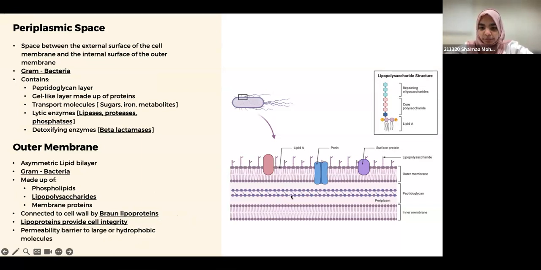The outer membrane, since it's the outermost, is going to be the permeability barrier, and it helps select what goes in, whether hydrophobic or hydrophilic, large or small molecules. Usually the smaller hydrophilic molecules are going to pass through the porins, which we're going to talk about right now, okay?